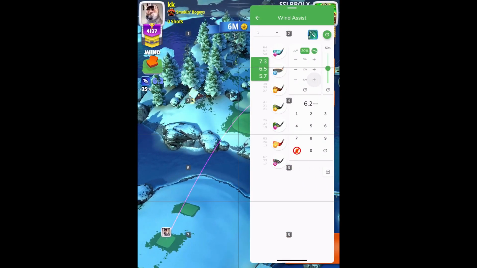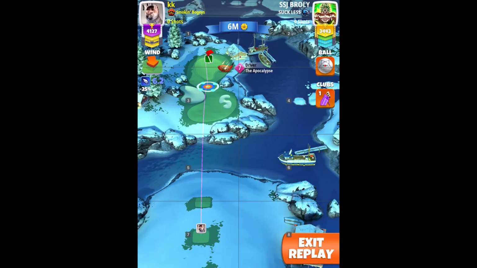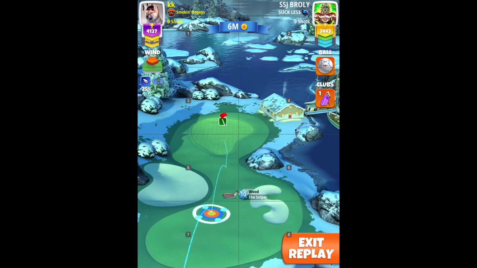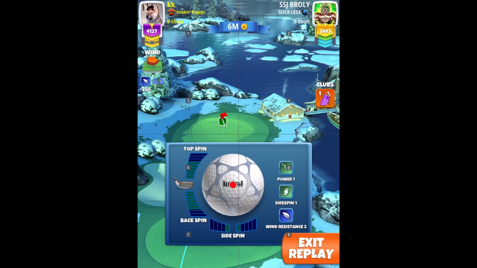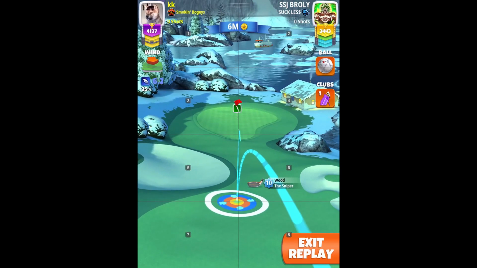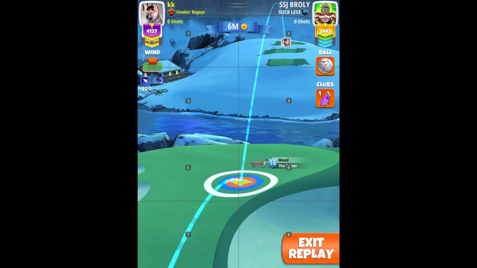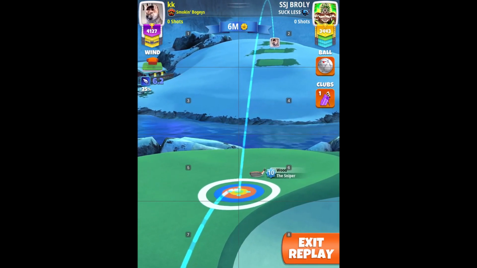This one is almost a straight headwind, but it's a very low wind. But again, I'm going to do 1 left spin and about 4.1 top spin. I'm adjusting plus 30% max.